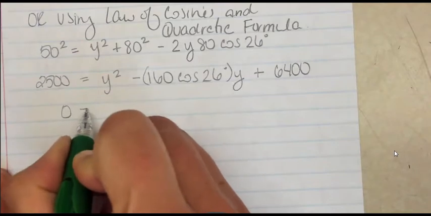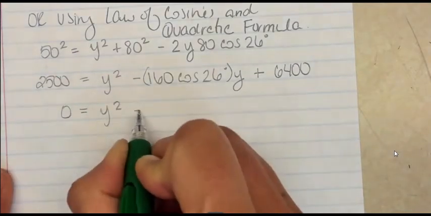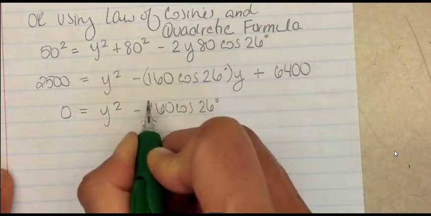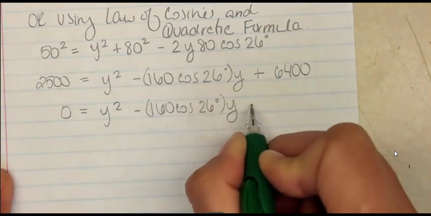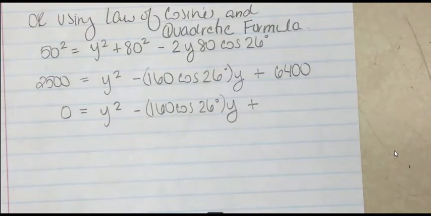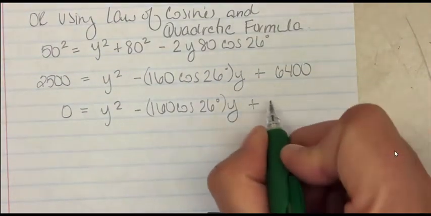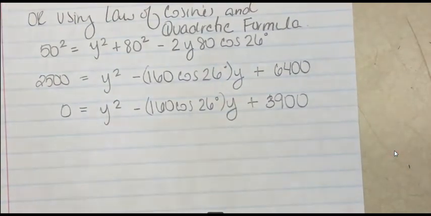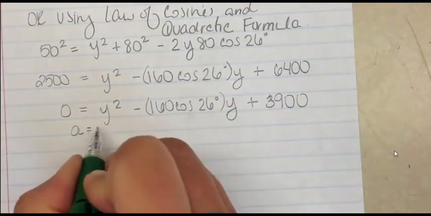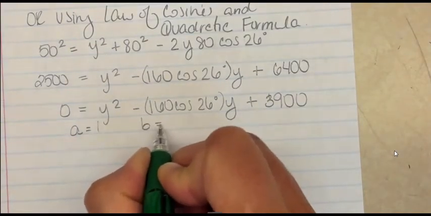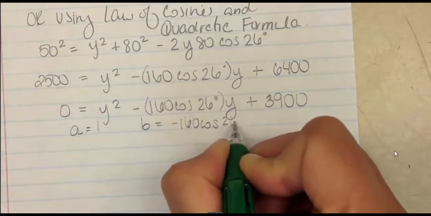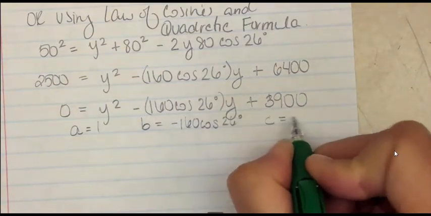So I'll call this 0 equals y squared minus 160 cosine of 26 degrees y plus, and if I subtract 6400 and 2500, I end up with 3900. So you can see that my A here is 1, my B is the negative 160 cosine 26 degrees, and my C is 3900.